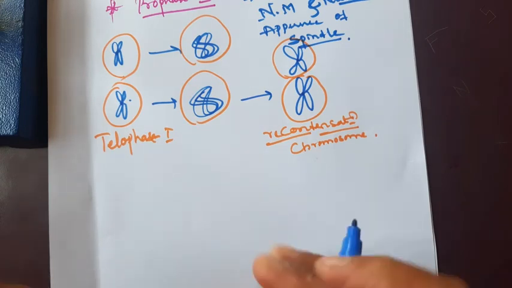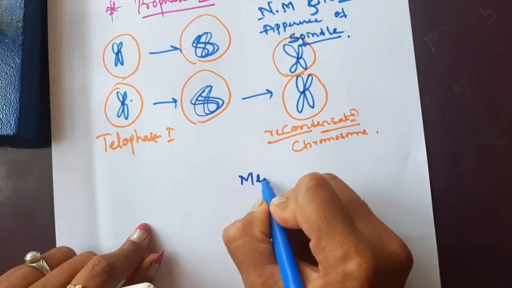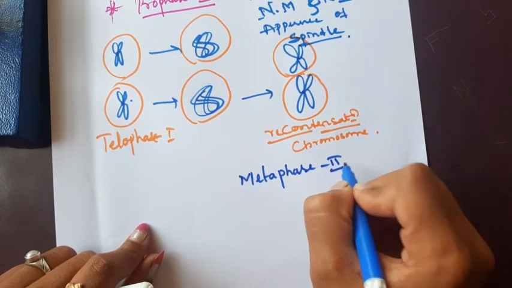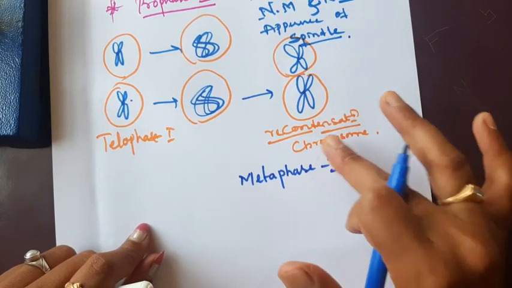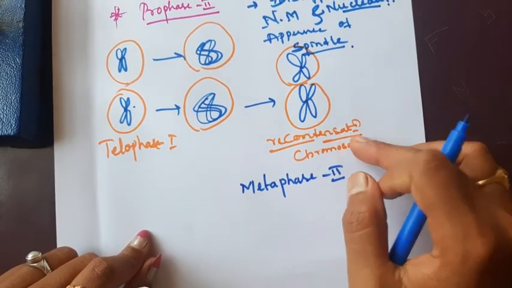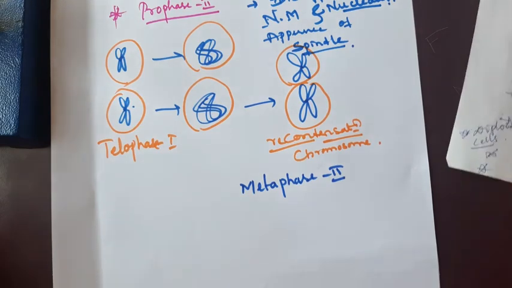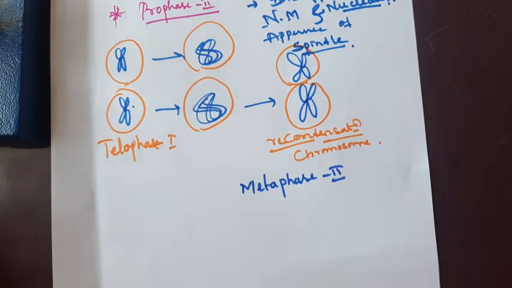metaphase second. The chromosomes which are formed in prophase second start to arrange on the equatorial line or the equatorial plate with the help of the spindle fibers which are already formed in the stage of prophase second.